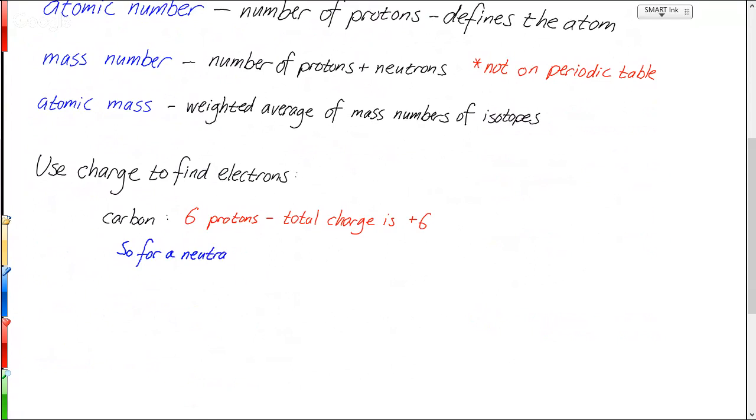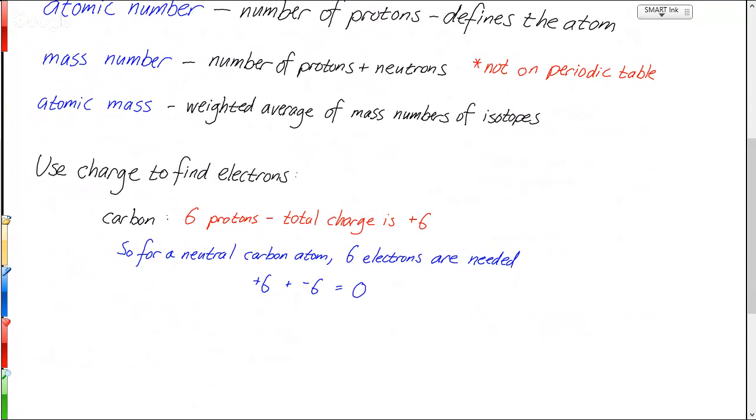So for a neutral carbon atom, six electrons are needed, right? Because +6 and -6 equals 0.